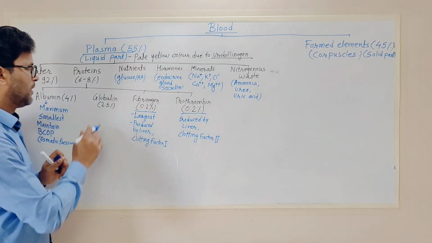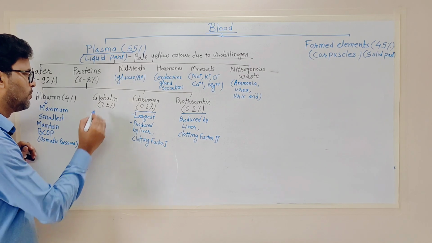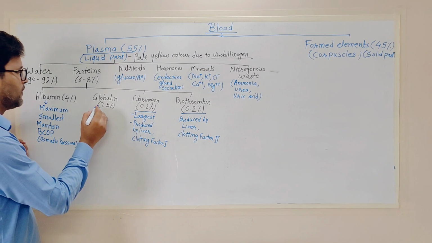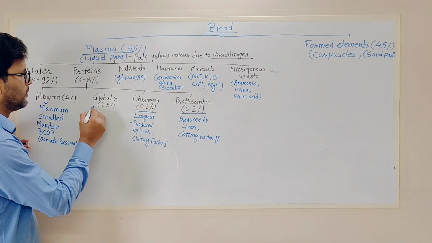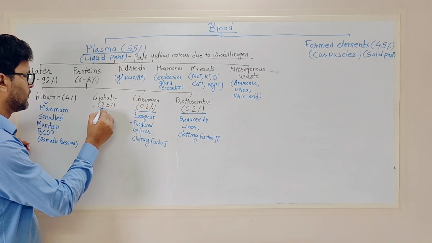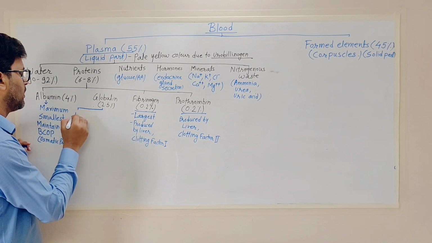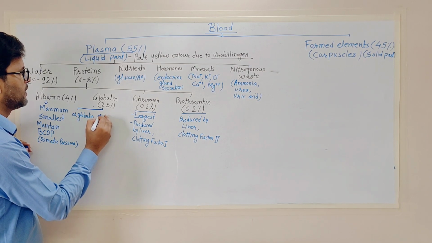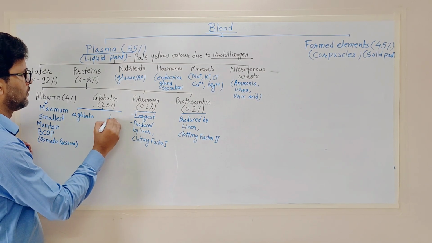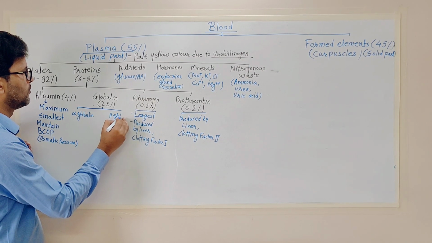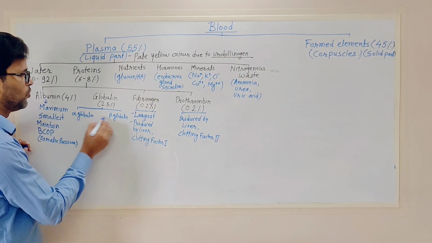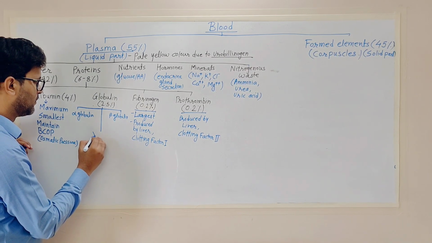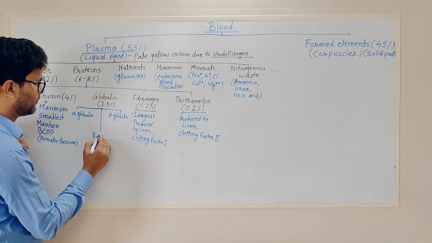Clear? Now globulin is only 2.5%, but it is very much important because there are 3 types. One is alpha globulin, second is beta globulin. These two are produced by the liver, and the third one is the gamma globulin.